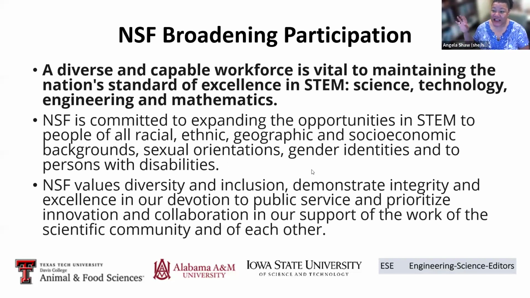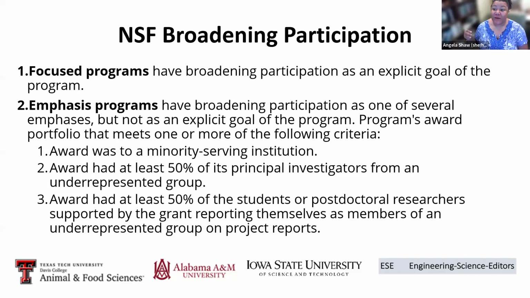Now, NSF takes it a step further when they talk about broadening participation. They really want to focus on racial, ethnic, geographic, socioeconomic, sexual orientation, and gender diversity, because they value diversity within their STEM and sciences. They have both focus areas and emphasis programs where they are trying to specifically serve minority serving institutions.